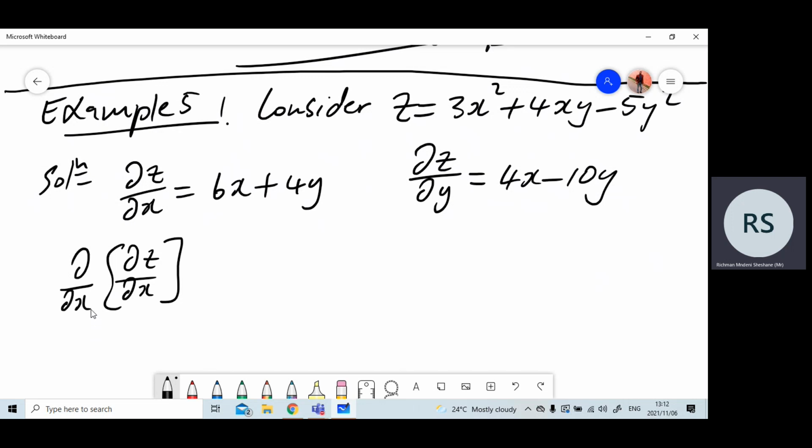But before we do that, let's look at this notation. This is a second partial derivative because we're finding the second derivative from the first partial derivative. So in notation, this is the same as second partial derivative. We write like this, over x squared.